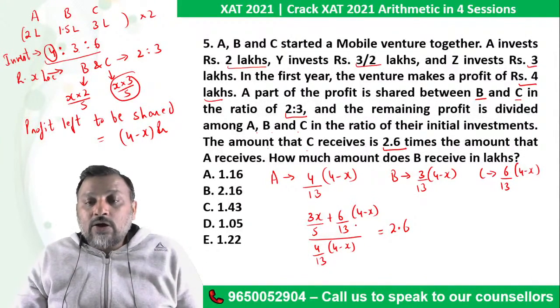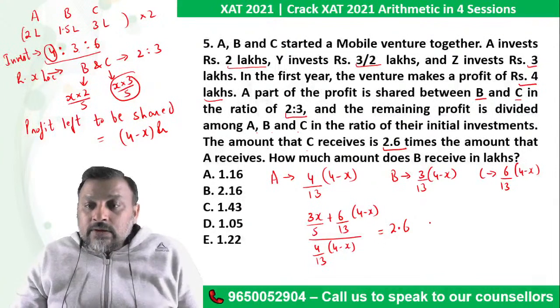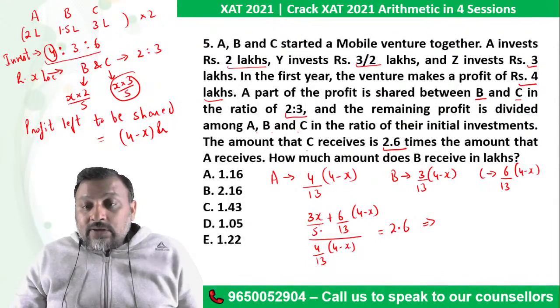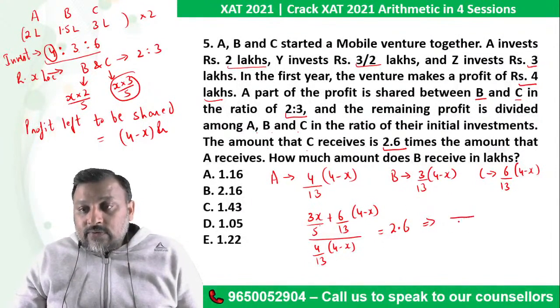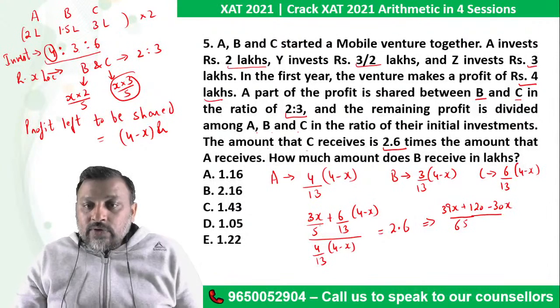Okay, so I think now we can solve this. So 5 and 13 LCM is 65. So what you'll get here is 39x plus 120 minus 30x. We have multiplied this by 13 and this by 5.